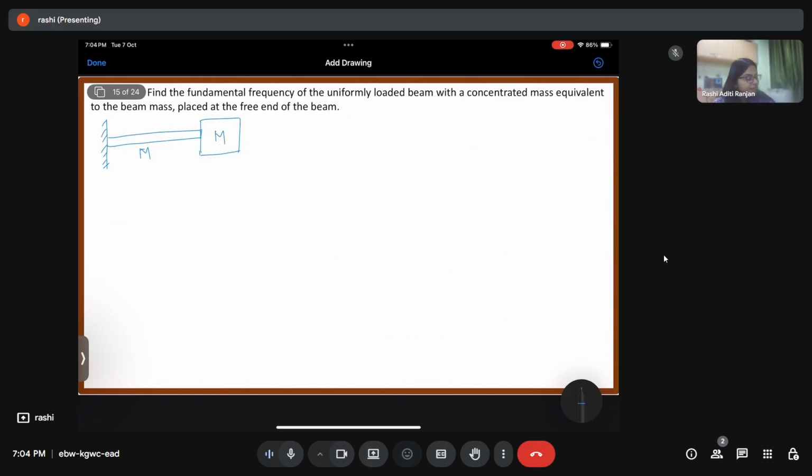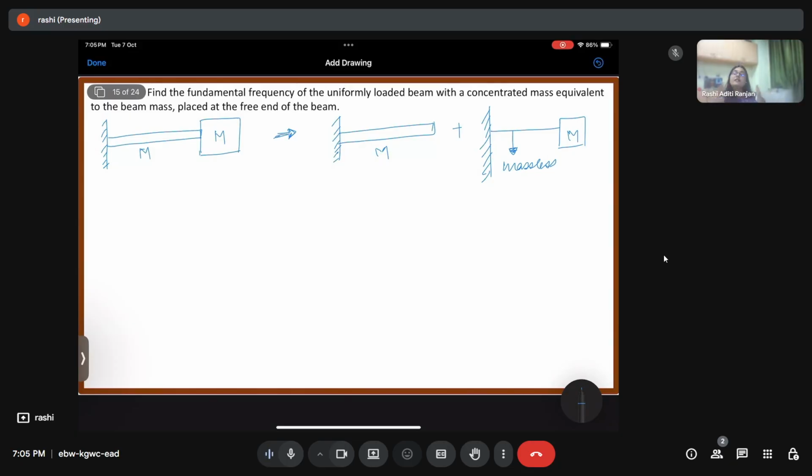You can basically divide it into two parts. One is this, plus this, which is massless for this case. Okay, we can consider it in these two parts, right?